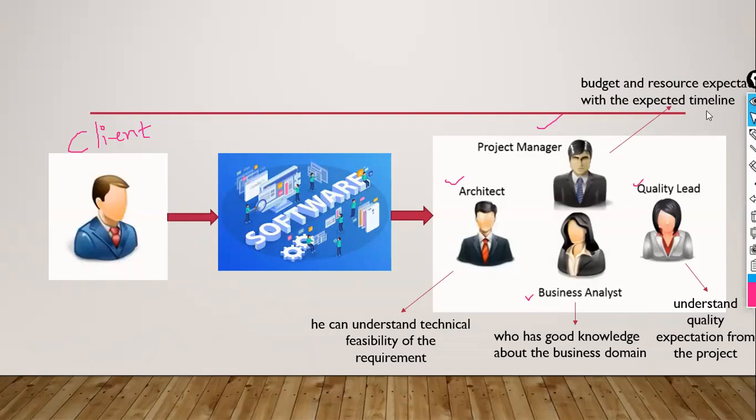What is the expected timeline, whether it is going to take 6 months or 3 months? How much time it is going to take to complete this project will be handled by the project manager. So these are the four major teams that are going to be there in the initial stage of the project to discuss all the requirements with the client.